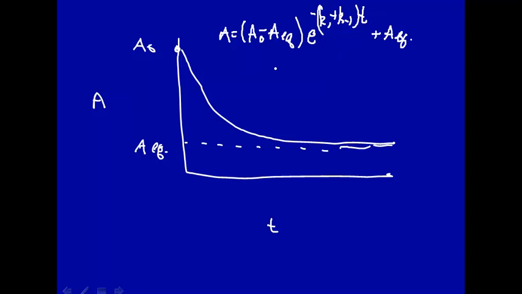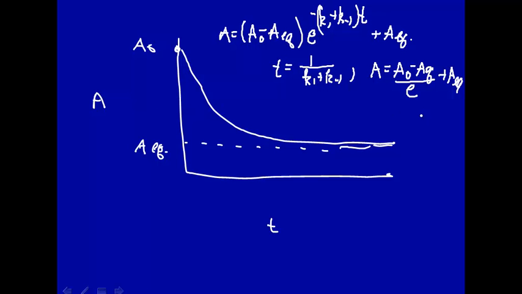What would happen if time is equal to just the reciprocal of k1 plus k minus 1? Then A is equal to A0 minus the equilibrium concentration of A, divided by e, plus the equilibrium concentration of A, because this term will be e to the minus 1, so you just divide by e.